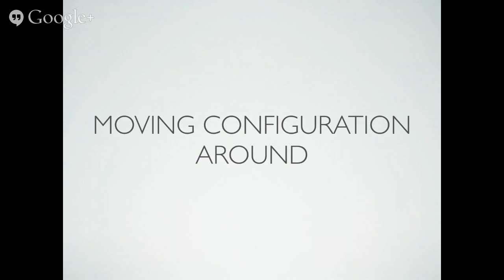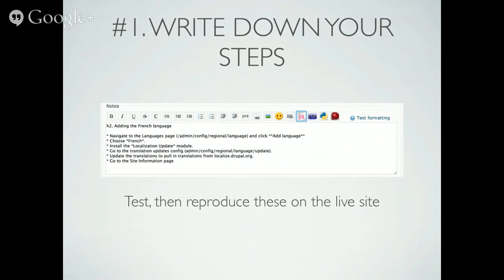So there's a few options that you have, and Features is one of them, but there's a couple others that we'll start with. So just to think through this, if you're working on a really simple website and you don't have time to set up Features or you don't know about Features, maybe you just decide to write down all the steps for the configuration. So as you're installing a new language on your website or as you're adding a new content type, you go through and you keep track of everything that you're doing.